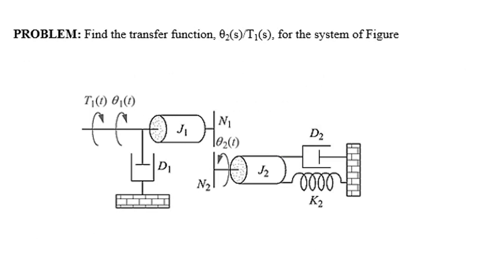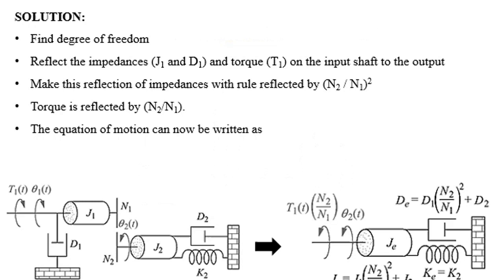Dear students, now we will study with the help of an example how to reflect the impedances. In this system, you have to find the transfer function theta 2 of s over T1 of s. Now we will start the solution. The first step is to replace the passive elements with their impedances.